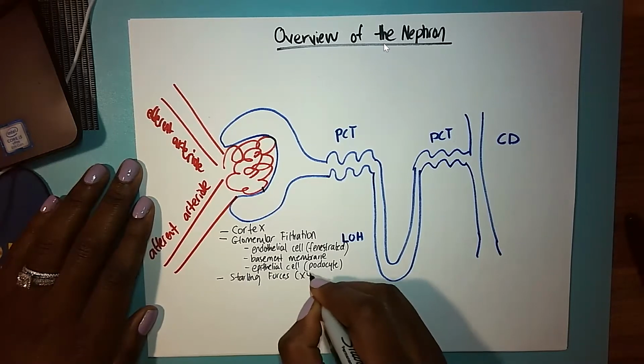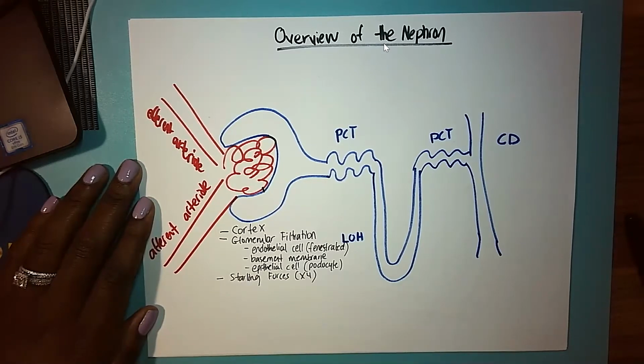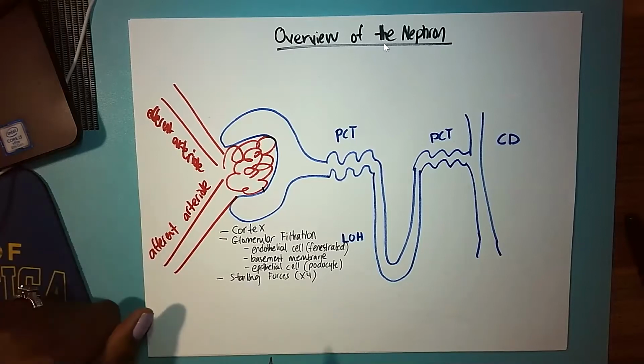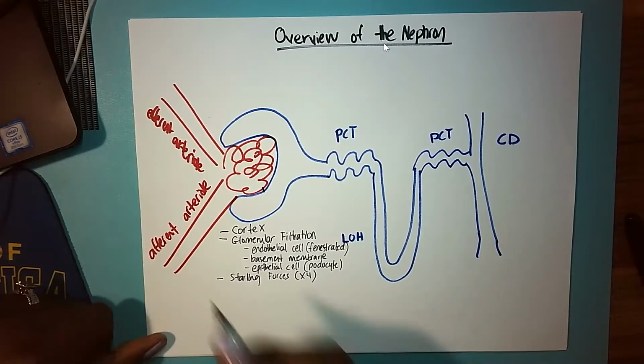Right, we talked about the 4 Starling forces, so you can go back and refresh yourself, remind yourselves of what those forces are and what direction they're in, and make sure you're able to calculate what the overall movement is if you're given values for those Starling forces.